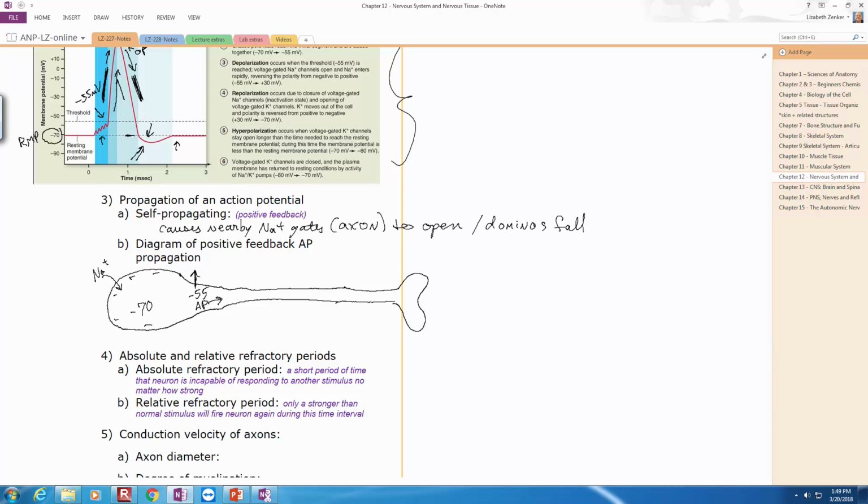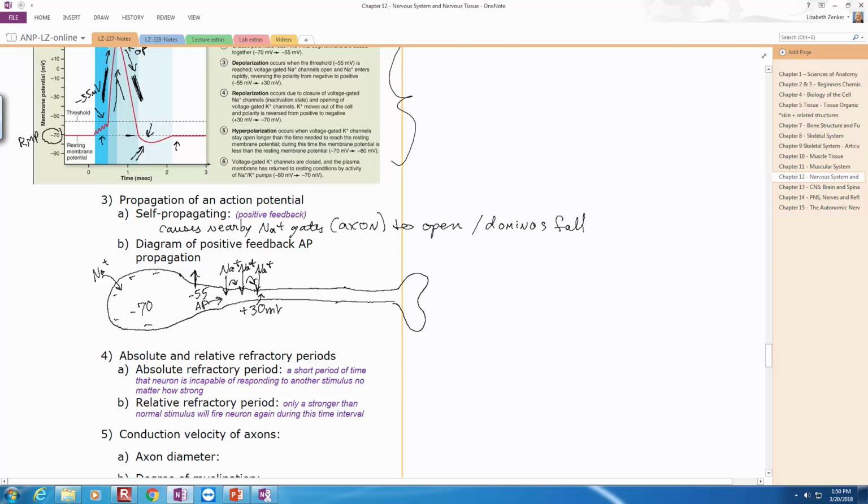That voltage change now causes sodium to rush in, which would then cause the next sodium gate to open and rush in, which would cause the next sodium gate to open. Okay, and that will occur all the way down the axon until you hit what? Positive 30 millivolts inside that axon.